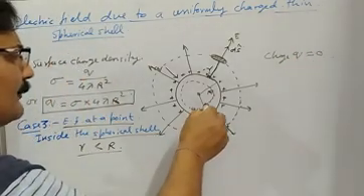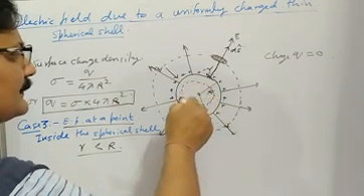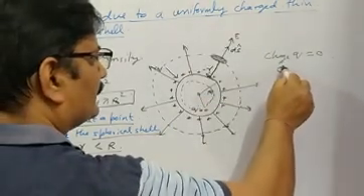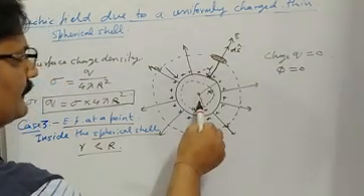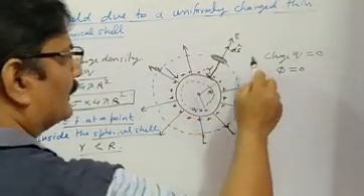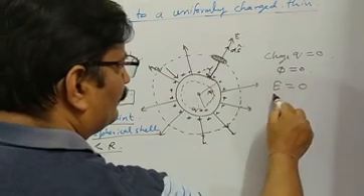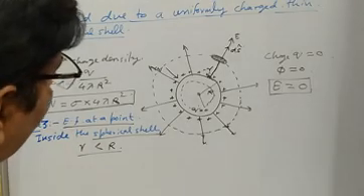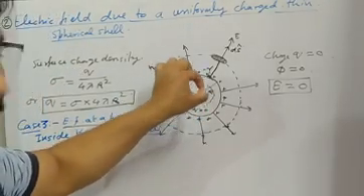So what is the amount of flux passing through this Gaussian surface, the dotted line inside the shell? The flux passing through the Gaussian surface is going to be 0 in the absence of any charge in this interior part, and that is why the electric field is equal to 0. So the electric field at any point inside the spherical shell is going to remain 0.